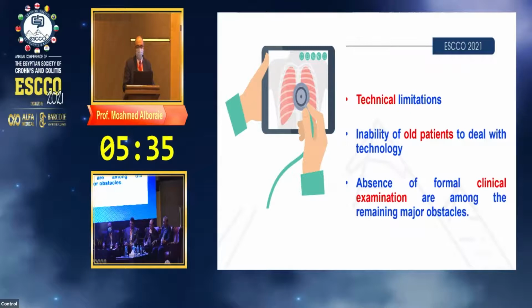The technical limitations: technical support is not always available everywhere, so we have to make sure that we have all the technical support available to apply this service. And also, older patients may not be able to communicate electronically like the younger population. And also, absence of formal clinical examination is one of the limitations of telemedicine.